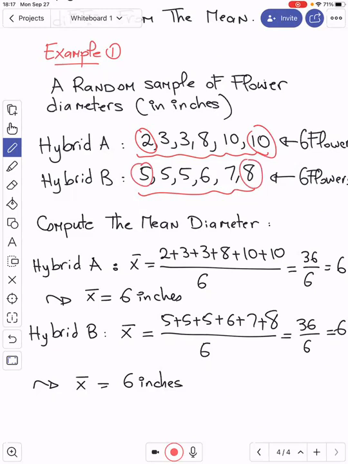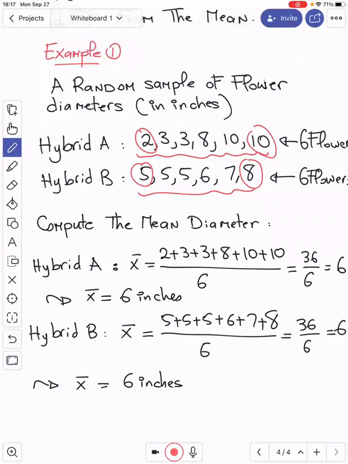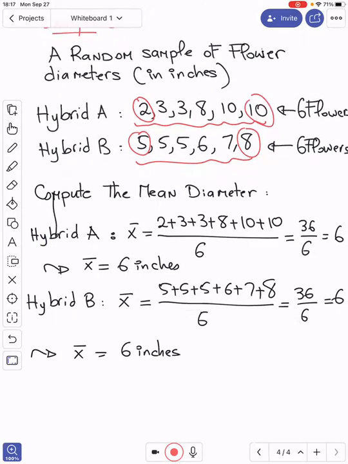Okay, so you have more variation in the diameter in hybrid A compared to hybrid B. So hybrid A has more variation.